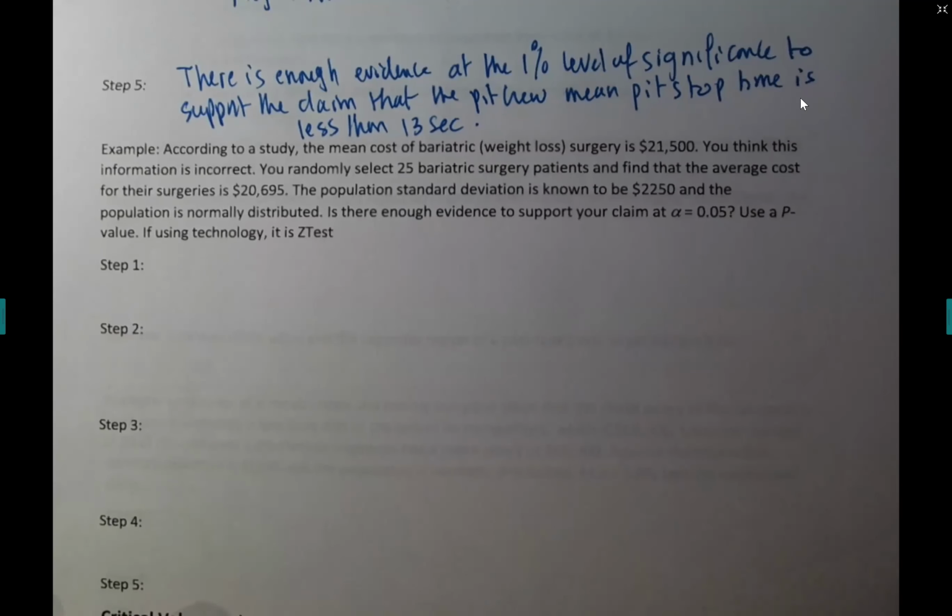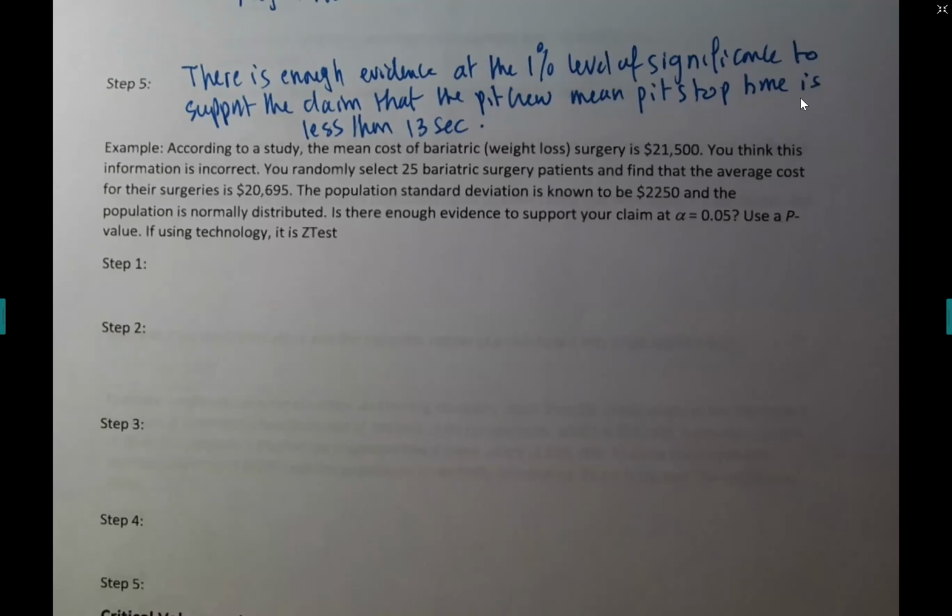We'll be using technology. According to a study, the mean cost of weight loss surgery is $21,500. You think this information is incorrect? First of all, guys, I would like to state the null and the alternative hypothesis.